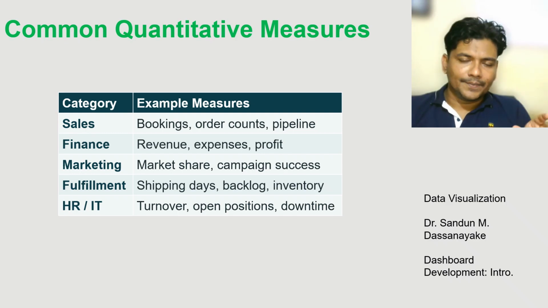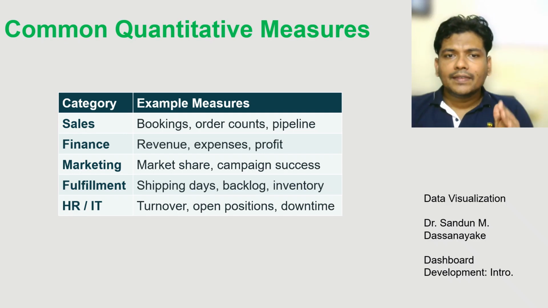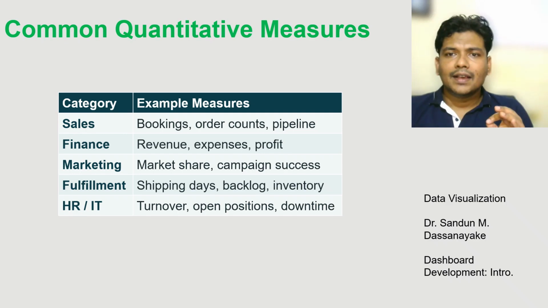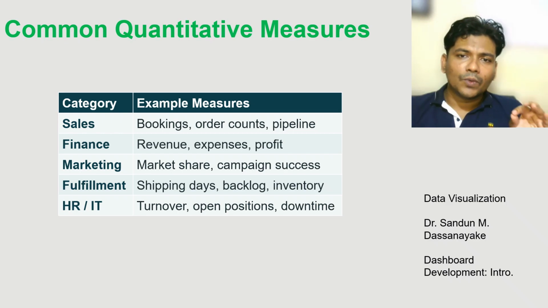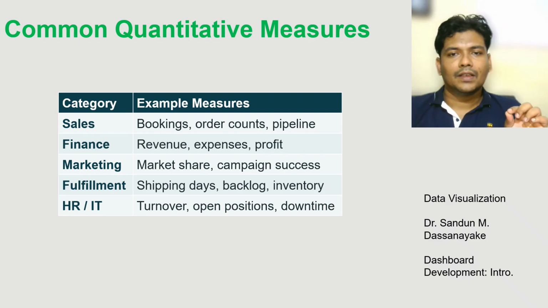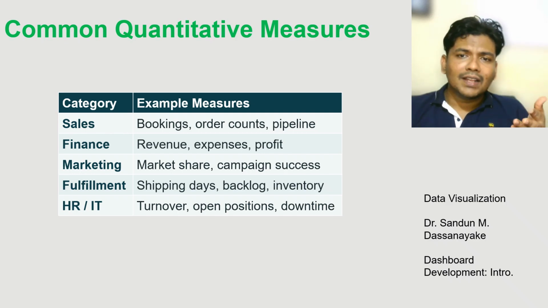Notice the pattern here. Across all these very different business functions, the underlying data is almost always quantitative. And it's almost always some kind of a summary, a total, an average, occasionally a distribution. That's not a coincidence.